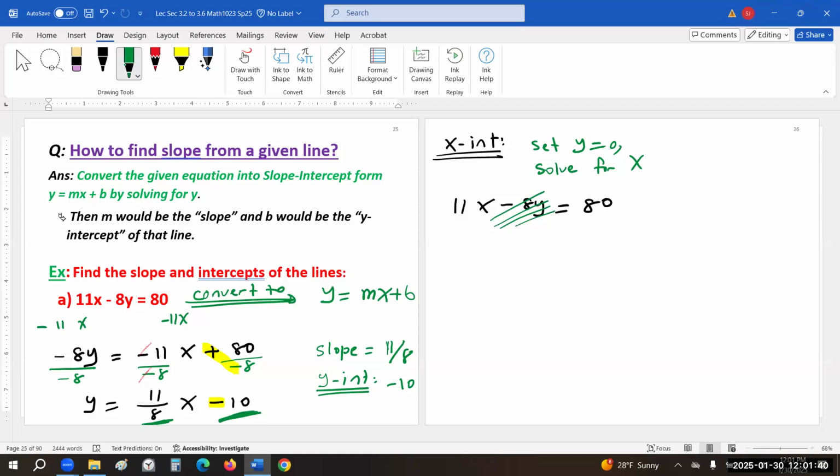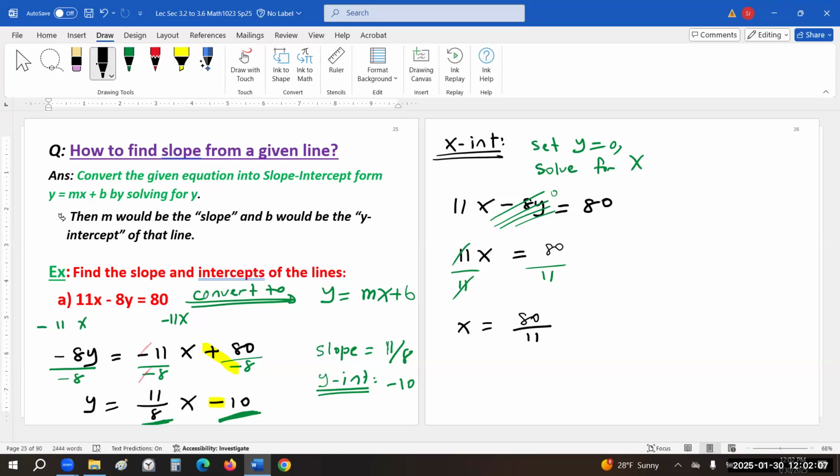So the whole y term becomes 0. Then what is left? 11x equals 80. And now to get the x alone, divide by 11. X is 80/11.